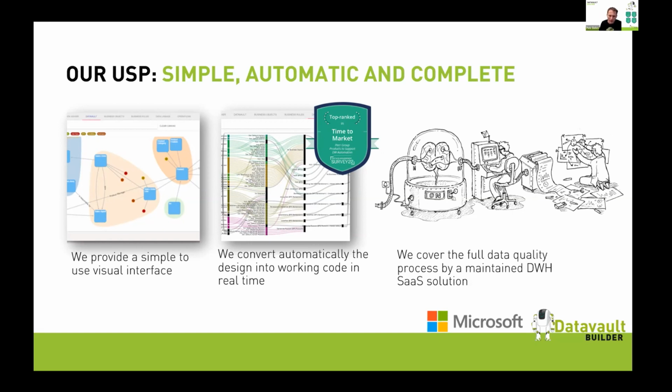Operation is built in, so we have a built-in scheduler, but you can use external schedulers to trigger jobs in the Datavault Builder and integrate with other Azure tools like Data Factory to preload data, then trigger some jobs in the Datavault Builder. That works fine. We generate in the background as well documentation, data lineage, and we have a built-in data profiler.